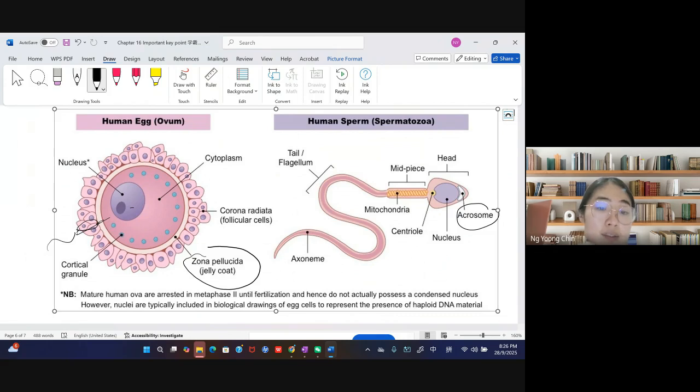The layer. So this layer is the zona pellucida, which is known as the jelly coat. And then this jelly coat will be surrounded by the follicular cells, okay? So these are follicular cells. Another term we call is what? We know it's corona radiata, but it's okay. You just need to remember it's follicular cell. It's because these follicular cells will secrete the estrogens. Okay, they will secrete the estrogens.